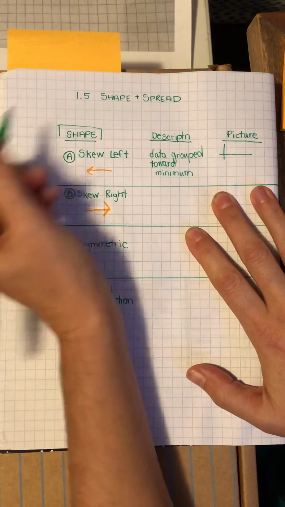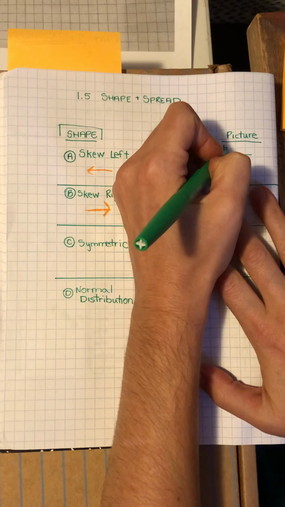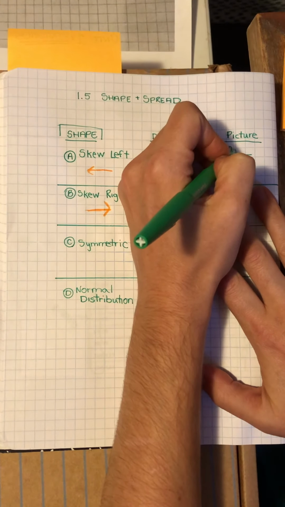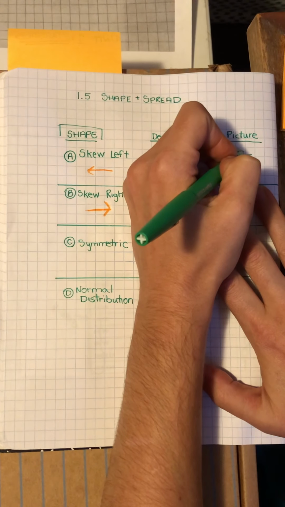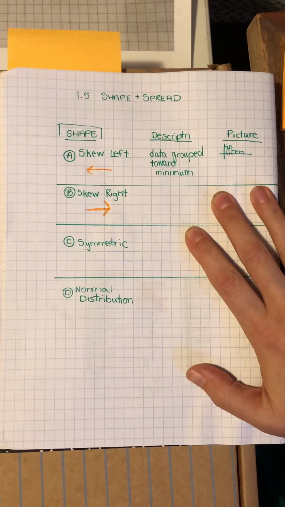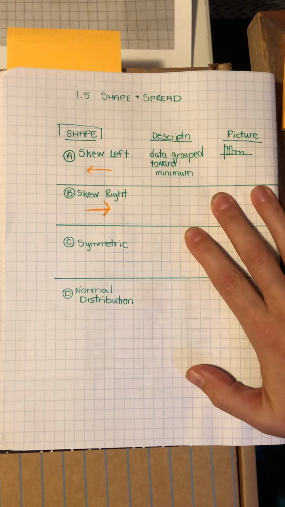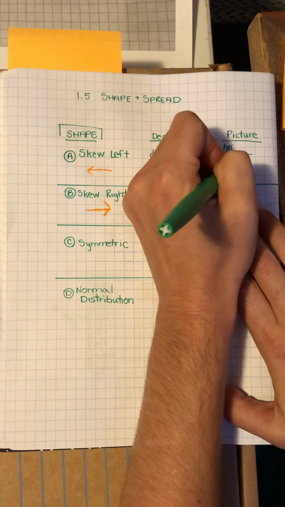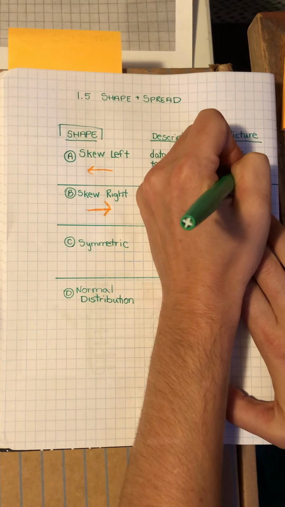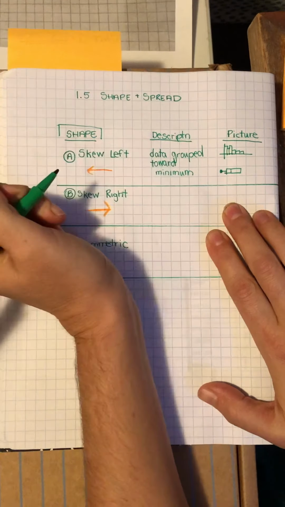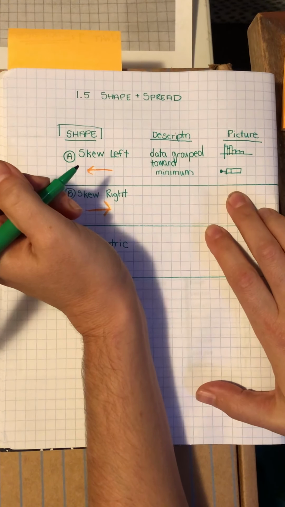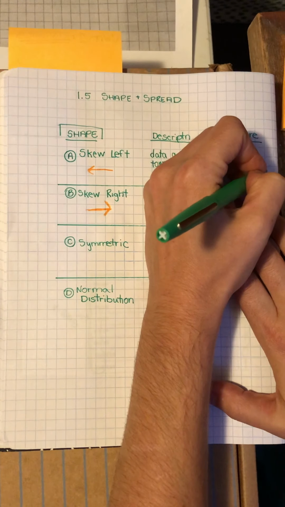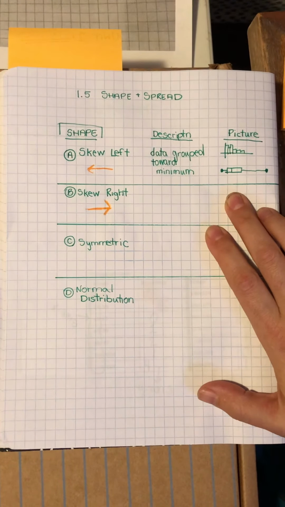We're just drawing the axes, and the bars would be really high up here towards the smallest values, and then get shorter towards the right. For a box and whisker plot, your IQR, or your Q1 to Q3, would be towards the left or the minimum, and then your whisker would be out farther.